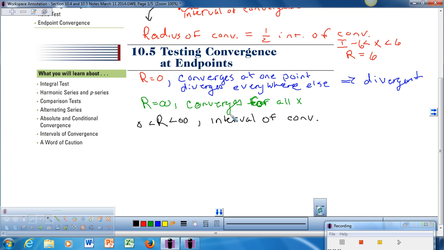When this happens, we need to test the endpoints of the interval to see if they are included in the interval of convergence.